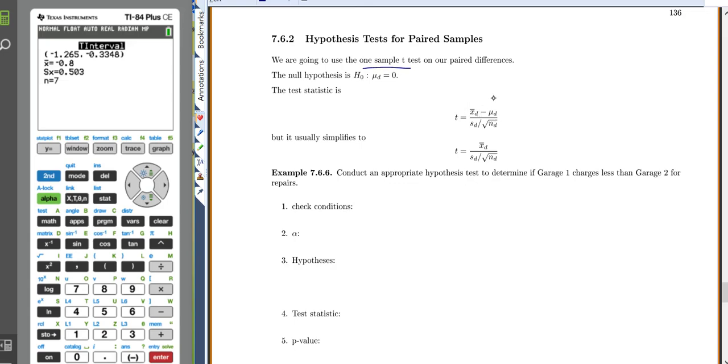Our t-test statistic, you may or may not remember, but it's usually just x bar minus the mean of the differences, or sorry, minus our hypothesized mean over s over square root of n. Notice it's exactly the same, we just put a d on everything. Notice though that if the mean of our differences is 0, is usually our null hypothesis, we don't have to subtract something because minus 0 is boring, so sometimes we'll just drop that off.